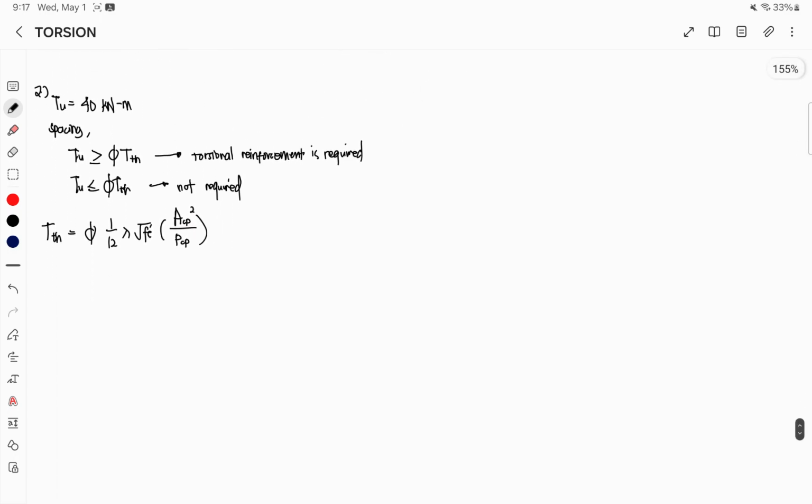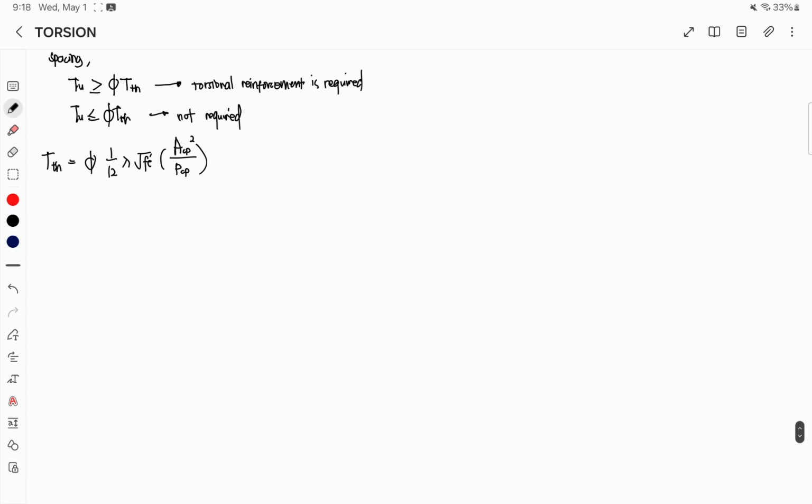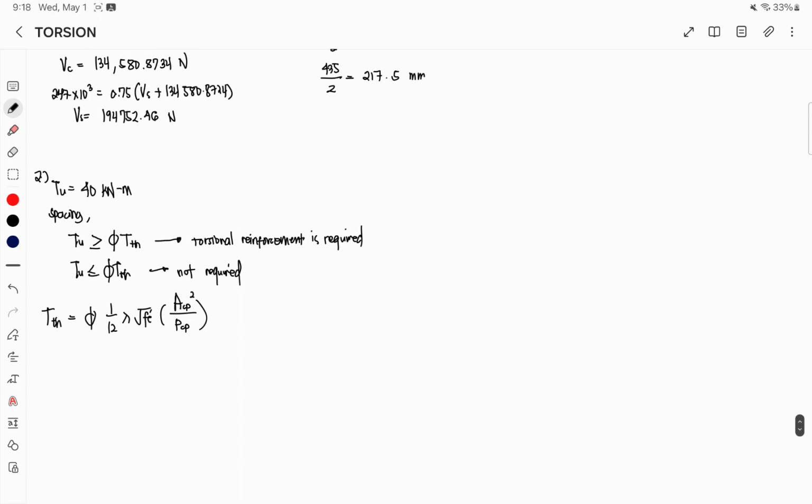From your discussion earlier, we have a section with 400 and 500. For the Acp, it is the area enclosed by the outside perimeter of the concrete cross section.